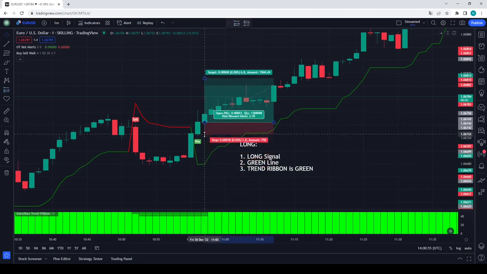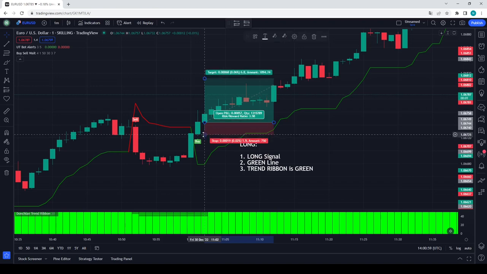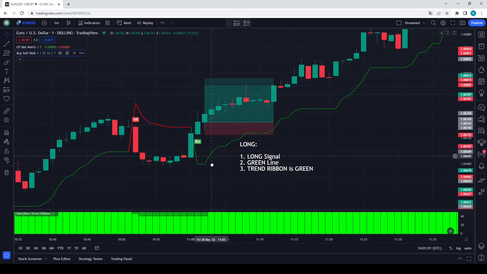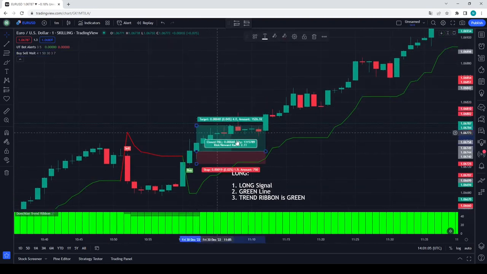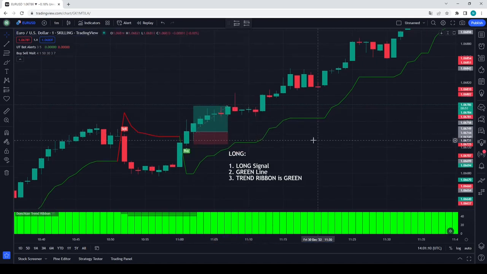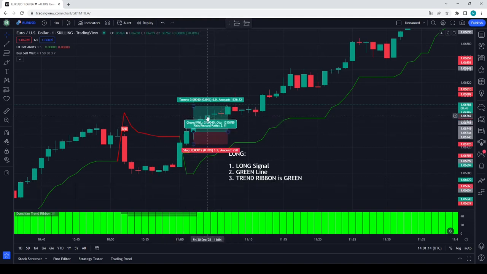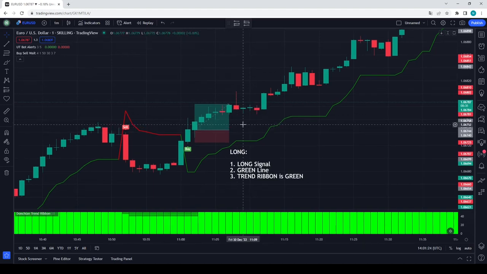Our stop loss will be right over here underneath the candle where we got the buy signal, and we are looking for a risk reward ratio of 2.0. So this would have been our trade. And as you can see, within 1, 2, 3, 4, 5, 6 minutes, we would have made a profit of 2% of our capital, or 2x of our capital that we have invested.